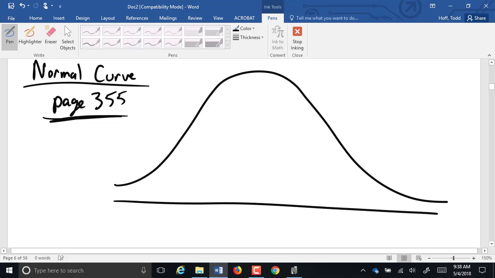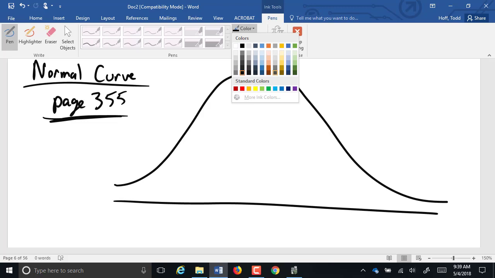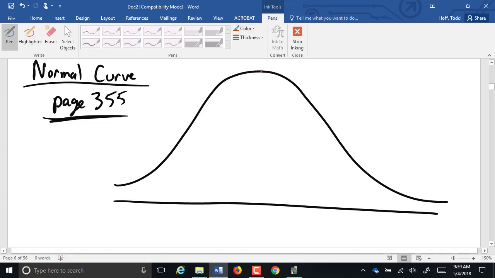So your bell curve, looking something like that, is divided up in a very specific way. The center of that bell curve, if it's a perfect distribution, should be the mean, the median, and the mode, right? So we can use any of them. We're going to use the mean as the center of that.